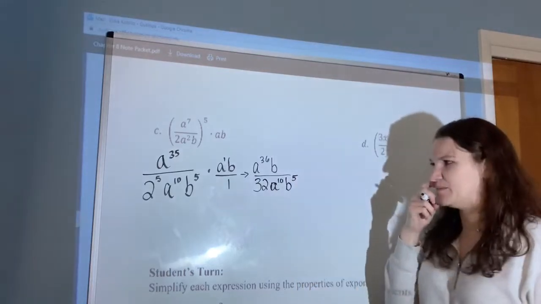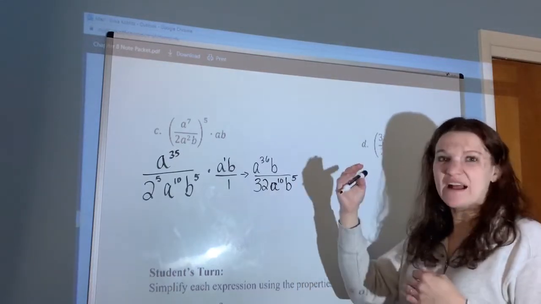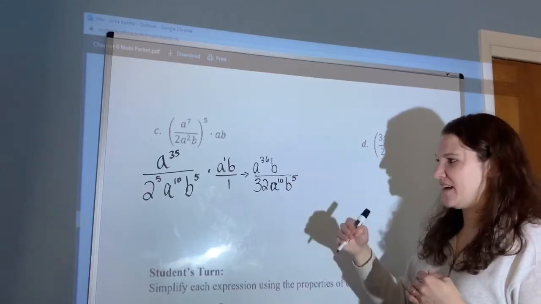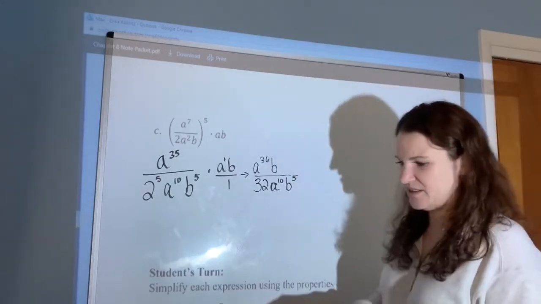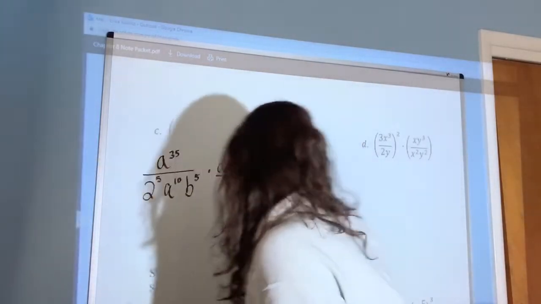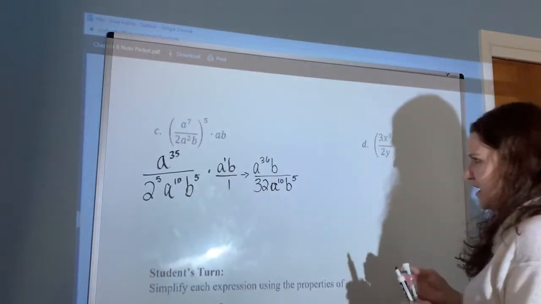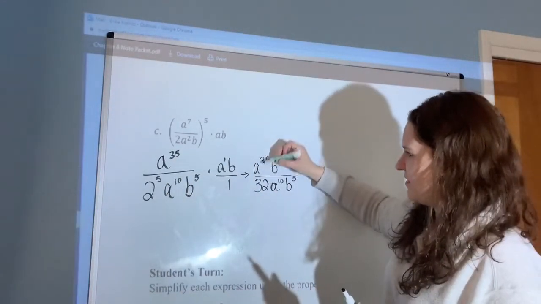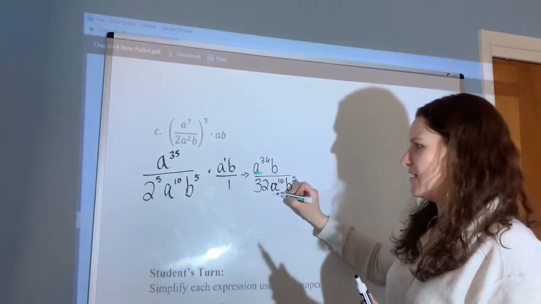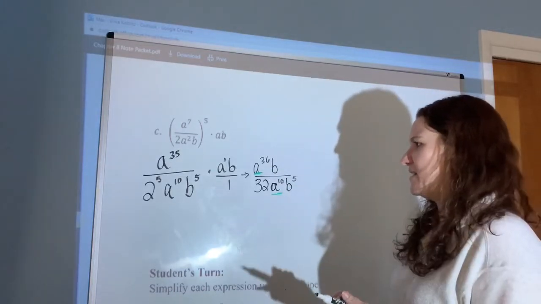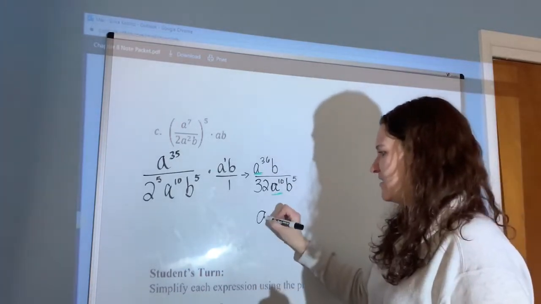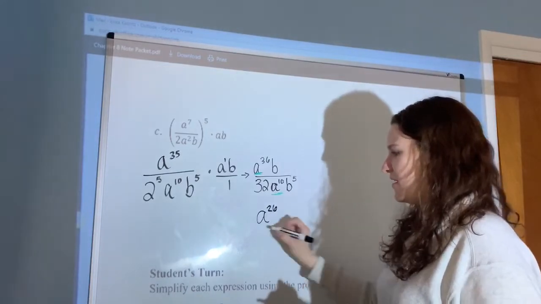All right, we got to simplify by subtracting as we divide down. So let's look for our similar bases. Grab another color here. We'll get green. So we have the a here and the a here. 36 minus 10 would give me a to the 26th power.